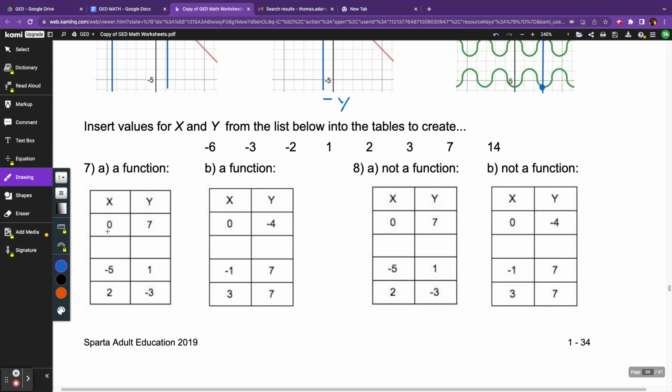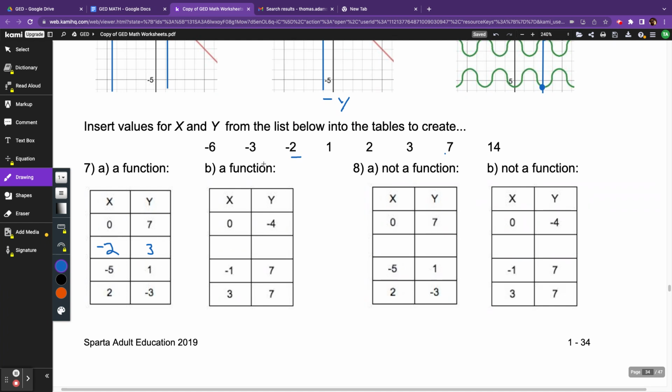So pick a number up here that isn't 0, isn't -5, and isn't 2. I could put 7. Let's do -2. You just make up a number. There's probably a pattern there, but it doesn't really matter. And that's a function because there isn't a repeating x.